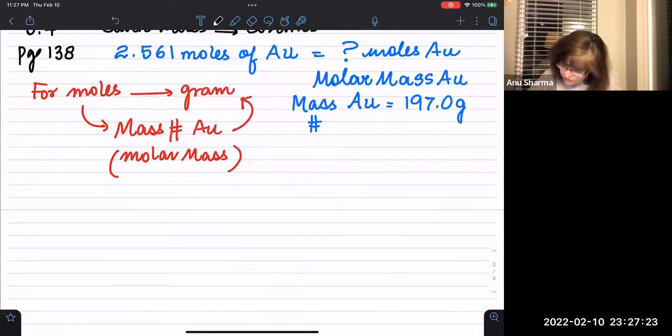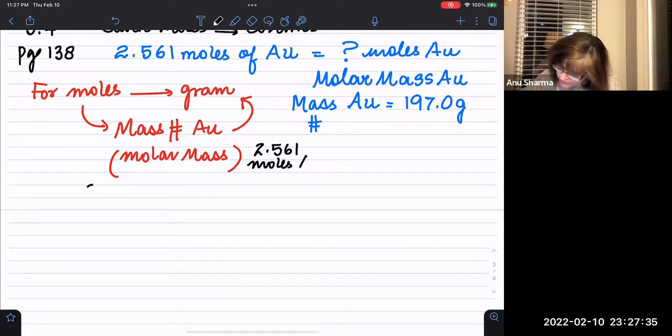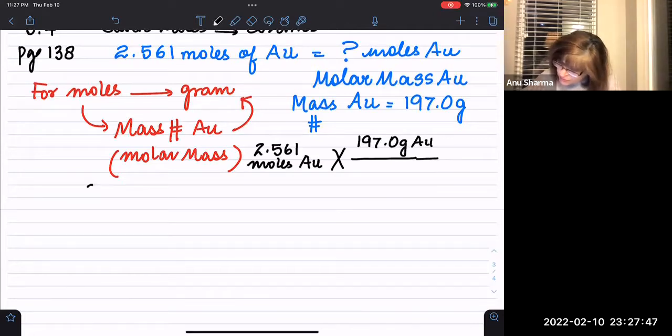Okay, now write down what is given to you. You are given, let's do it here, I don't have the space, 2.561 moles of gold. And we need to find the grams of gold. So we know that 197.0 grams of gold is equal to 1 mole of gold.